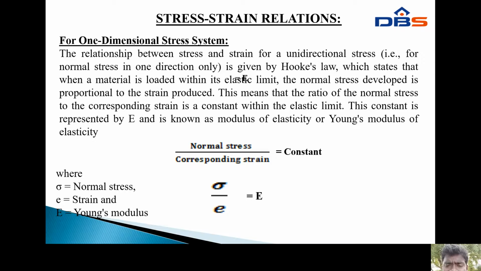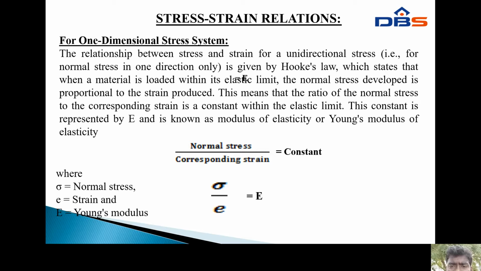Hooke's law means the stress is directly proportional to the strain. The constant E is the modulus of elasticity or Young's modulus of elasticity. Therefore, the normal stress by the corresponding strain equals a constant.